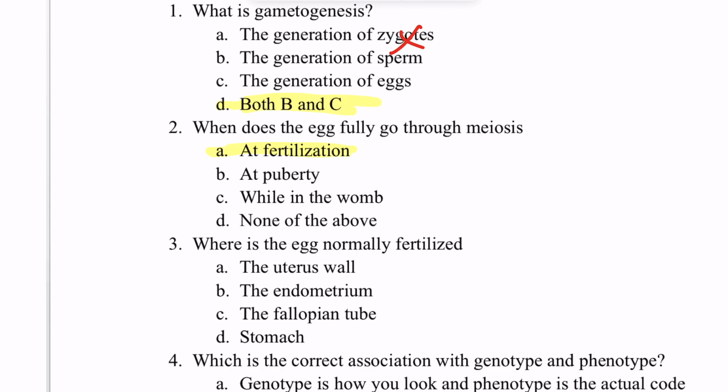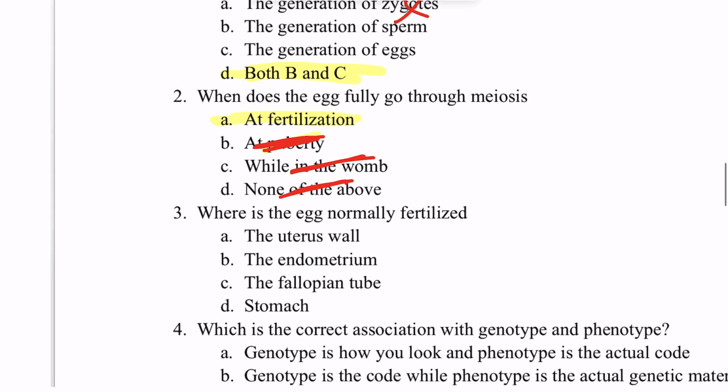And then when ovulation happens, hopefully it'll meet a sperm. And then it will continue through meiosis. And then you'll form your diploid unique individual. It's not going to be at puberty. That's obviously wrong. While in the womb, not quite. And then at fertilization is the correct answer.